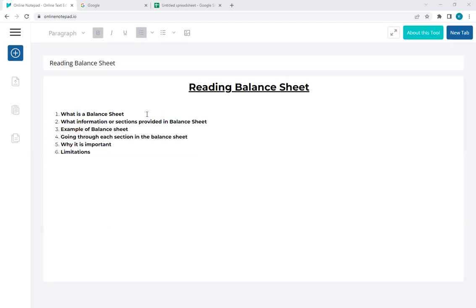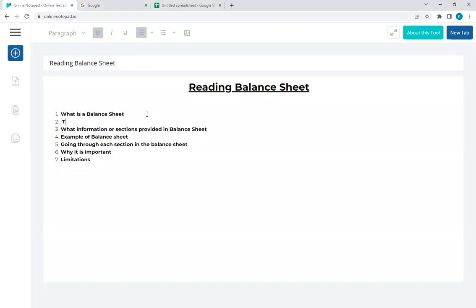Okay, so let me add here. This statement provides information about the assets, liabilities, and shareholders' equity of a company or organization.